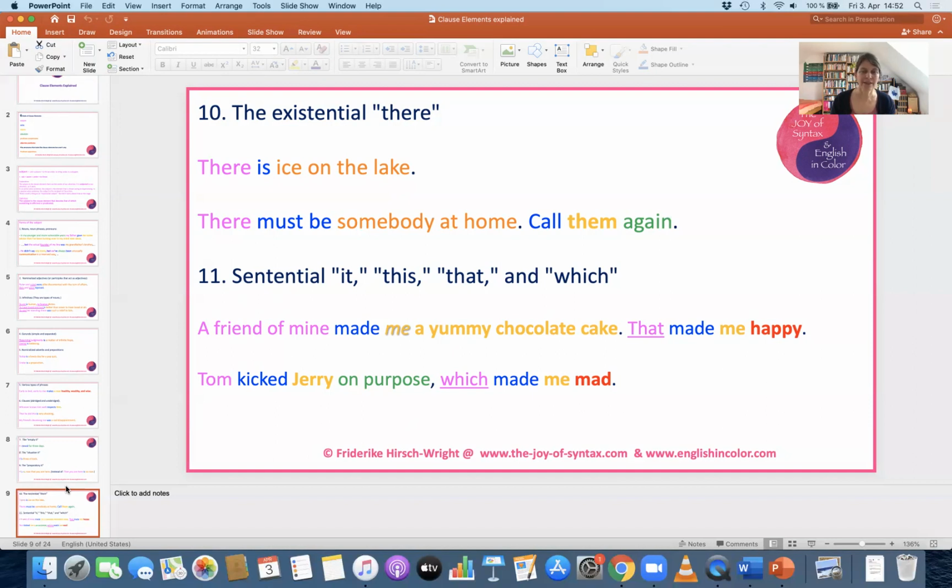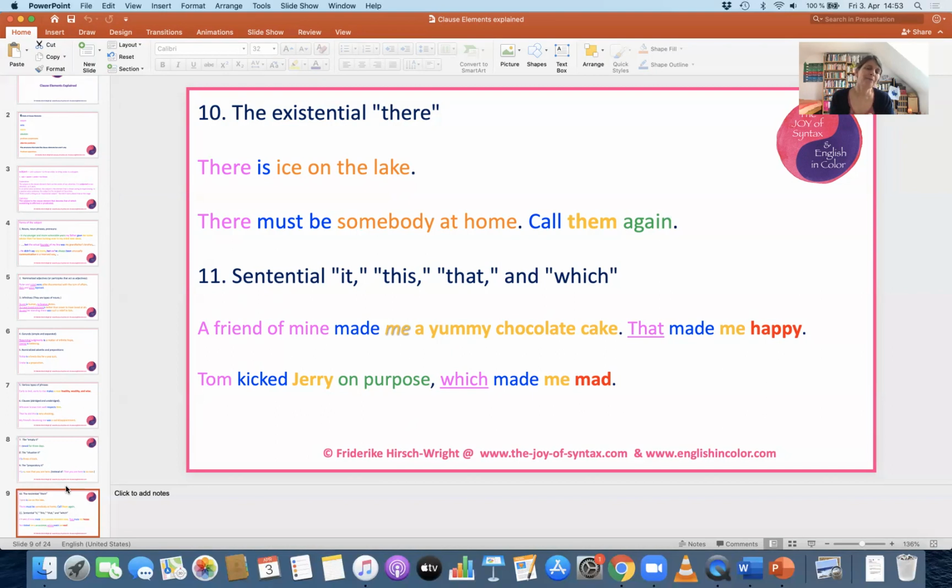And we also have these so-called sentential relative clauses, where the relative pronoun which is the subject of that relative clause, points back to the predicate or whatever has been said, or not only the predicate, but to the content of the preceding clause. So Tom kicked Jerry on purpose, which made me mad.